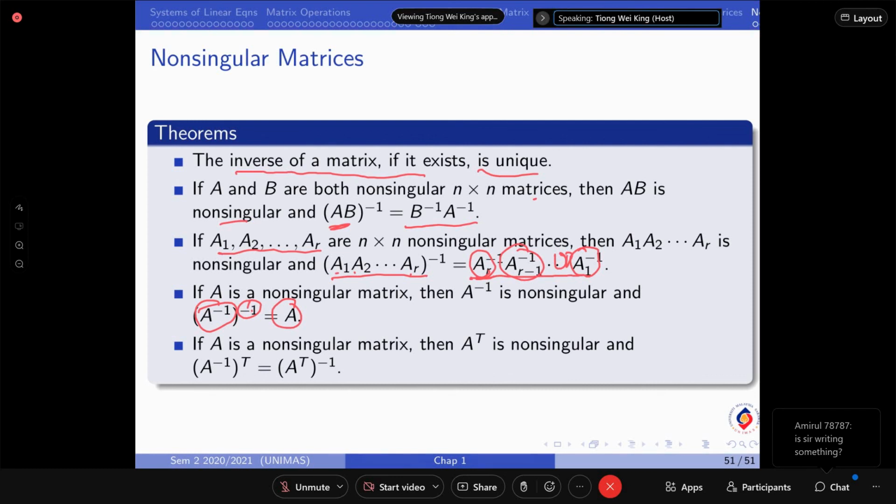And the last one: if A is a non-singular matrix, then A transpose is non-singular, and the transpose of A inverse is the inverse of A transpose. These are the few things that you need to remember, just in case they come out in the MCQ later on. So that's it for the lecture.